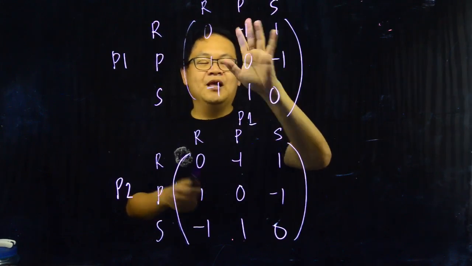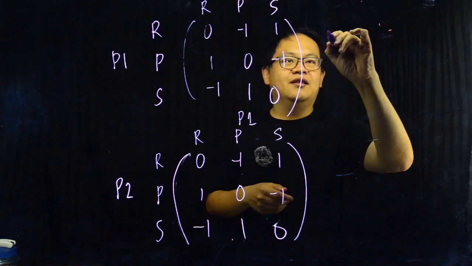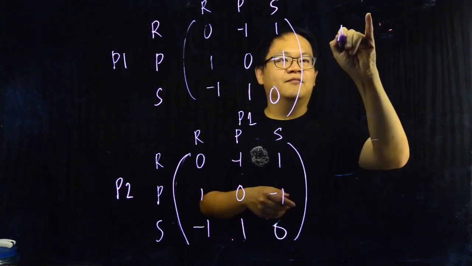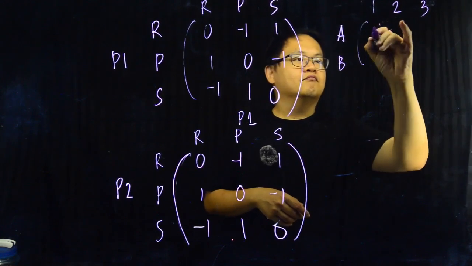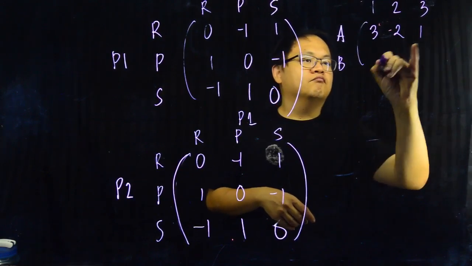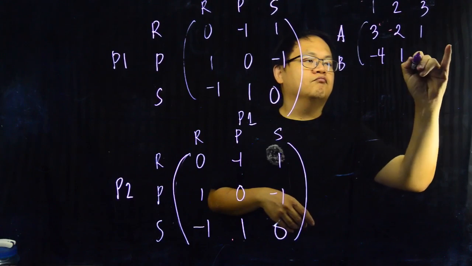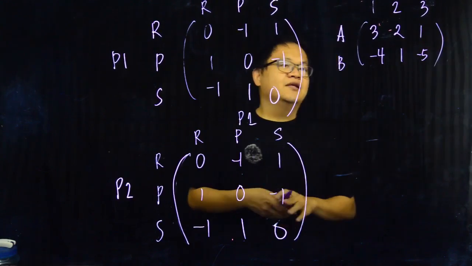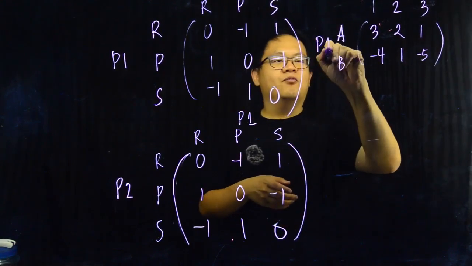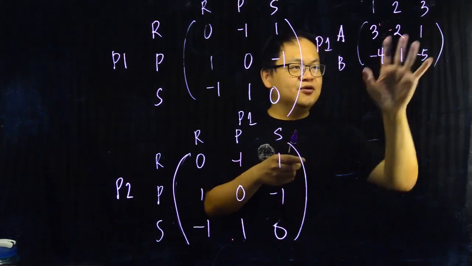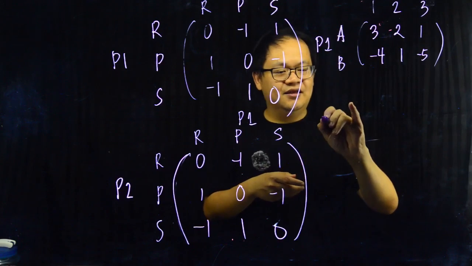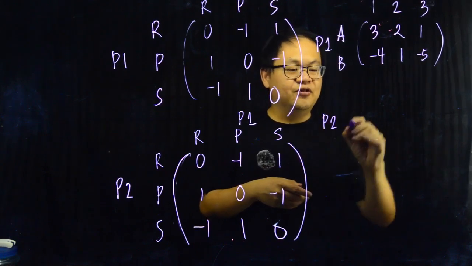So, quickly, let's say we have this payoff table. If this is from the point of view of player 1, and this is player 2, we can actually convert this payoff table into the point of view of player 2.